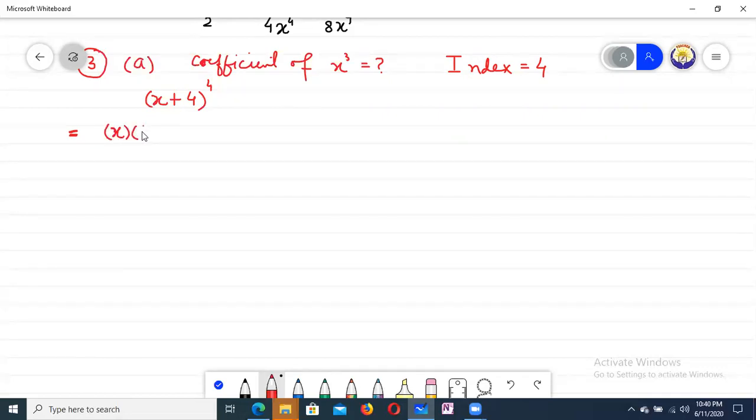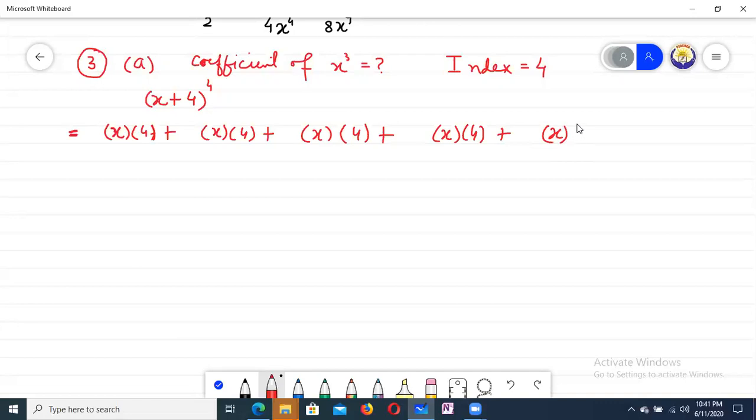This will be the first, then plus, this is the second term, again plus, this is the third term, plus this is the fourth term, plus this is the fifth term.